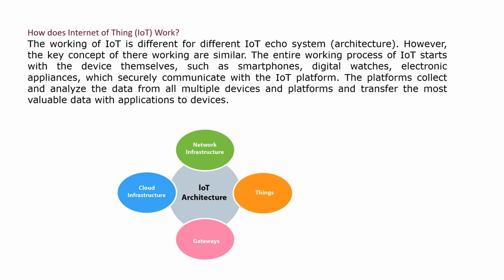And all these platforms, as you can see, network infrastructure, cloud infrastructure, and gateways, they collect the information from devices, analyze the data from multiple devices, and transfer the filtered data or processed data to the end user. So this is how, in short, your Internet of Things is working.